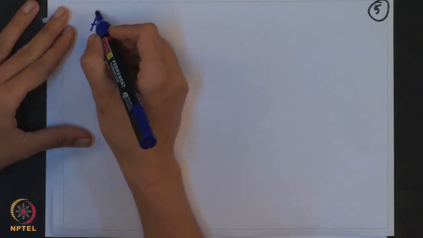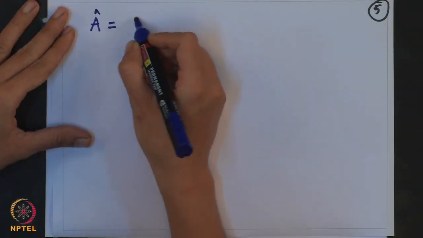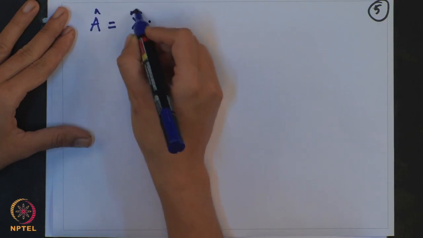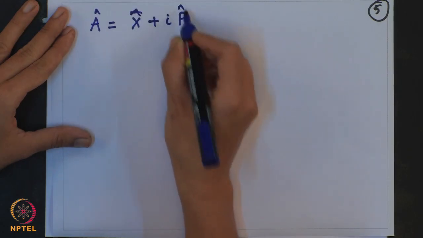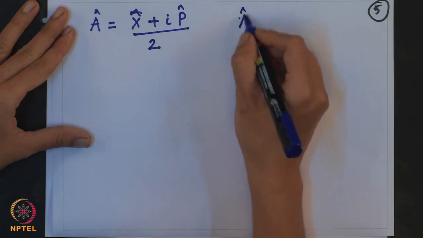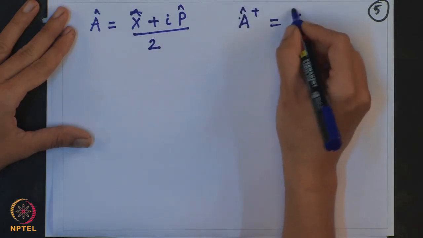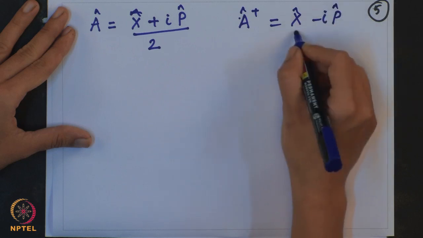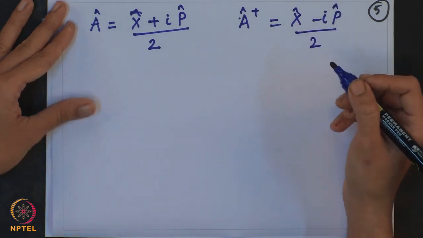A will be equal to x plus i p upon 2, and A dagger is simply the complex conjugate, you can see here, correct.